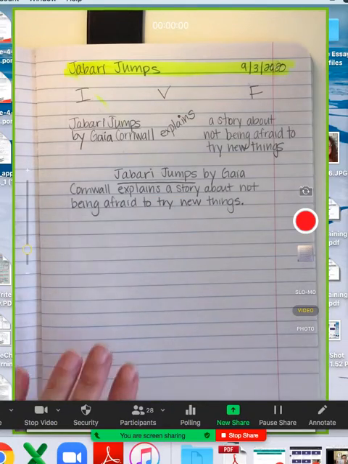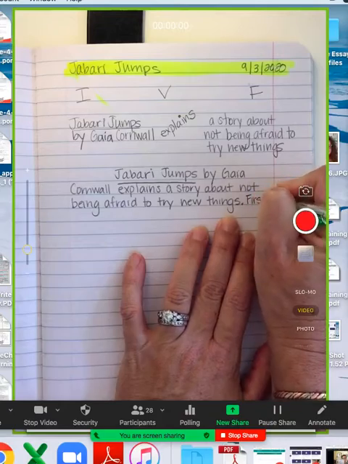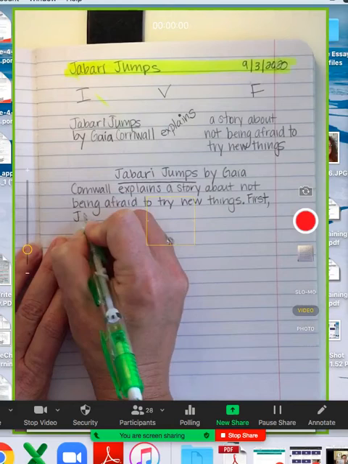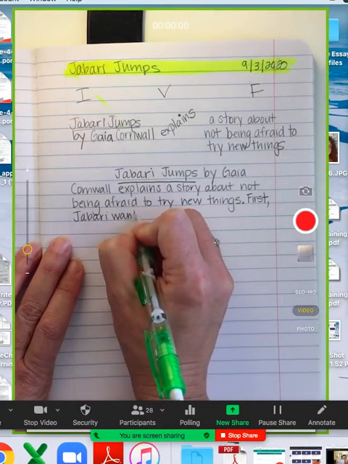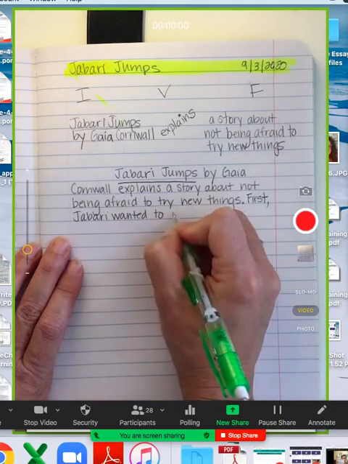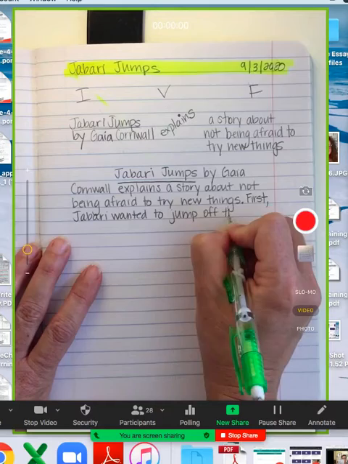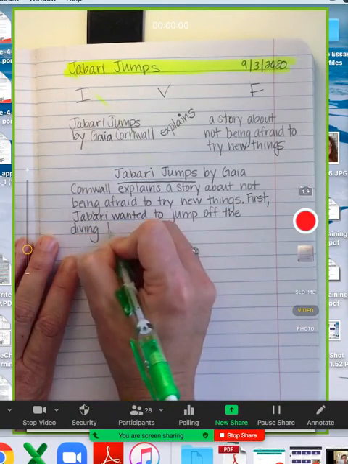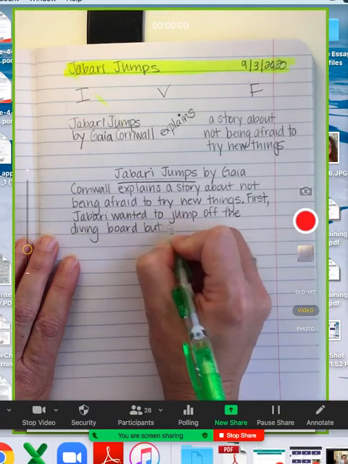First, Jabari wanted to jump off the diving board, but he was too scared. I love it. I love your transition word first. Jabari wanted to jump off the diving board, but he was too scared.